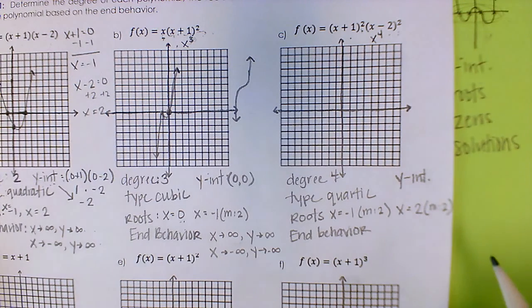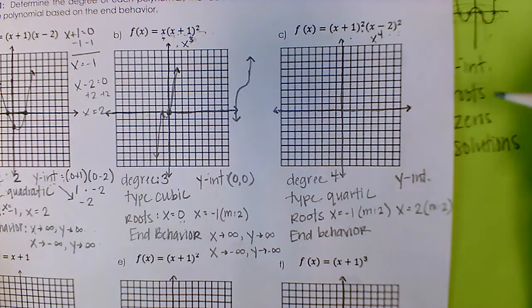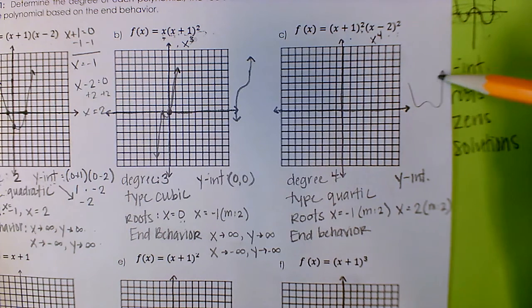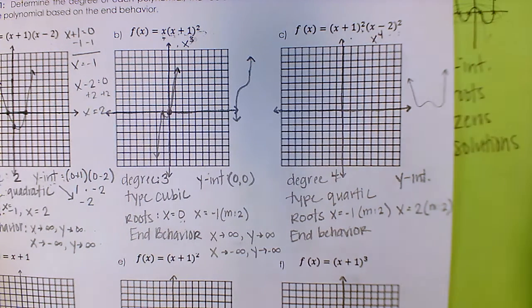All right, so a 4th degree, there's no negatives here, so it's going to look kind of like this. So we look at the number of times it crosses, which is going to be 4, but it's going to have this shape where it goes up.